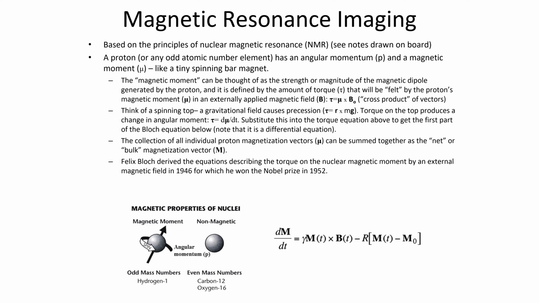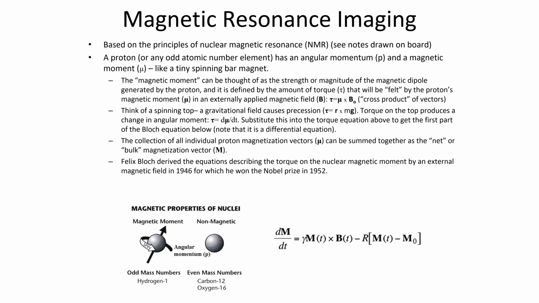And you can see at the bottom left there, the proton, it shows its spin, and the magnetic moment can be thought of as the strength or the magnitude of the magnetic dipole generated by the proton.